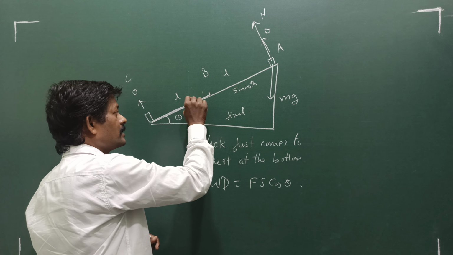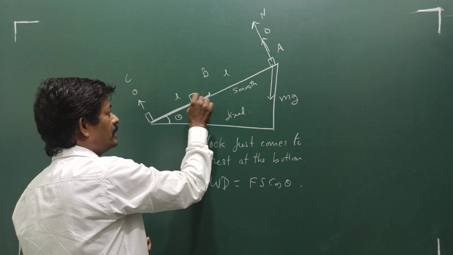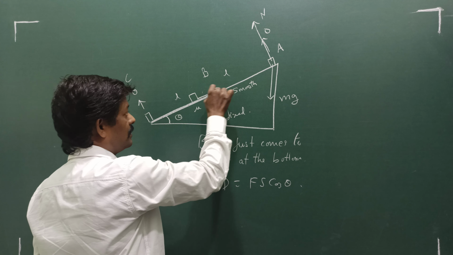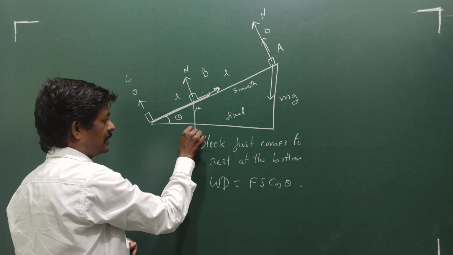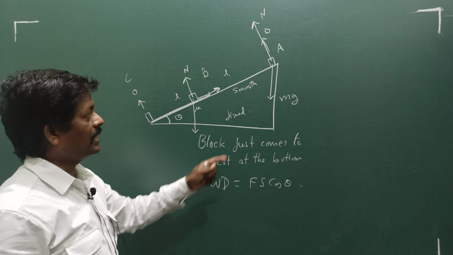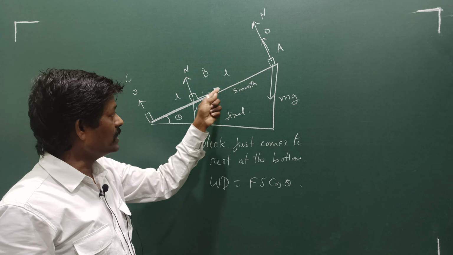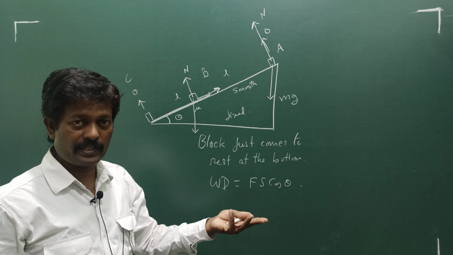Once it enters the surface having friction, there is frictional force behind. Don't forget that. Of course N is there still, and of course mg is there. That means as long as it is on the smooth surface, there are two forces. Once it enters the rough surface, there are three forces along with the friction.